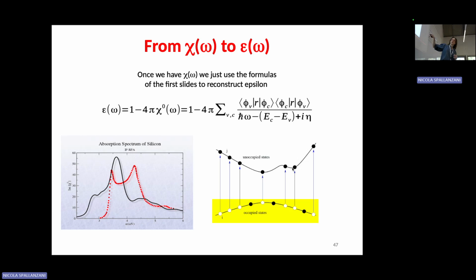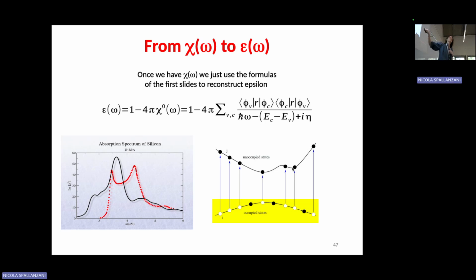And we have this red line, which is the experiment, and the black line, which is the independent particle without local field for silicon. This is the typical absorption spectrum of silicon.